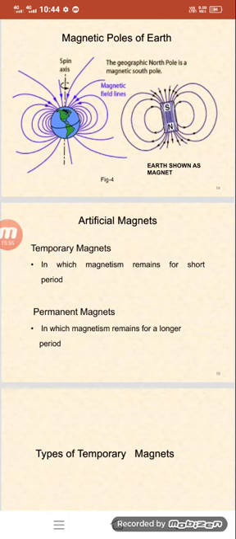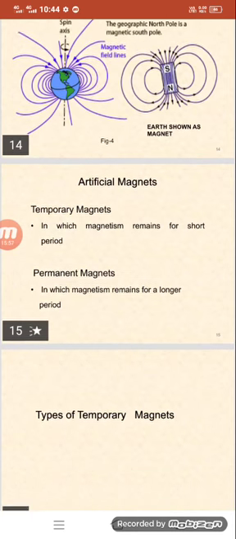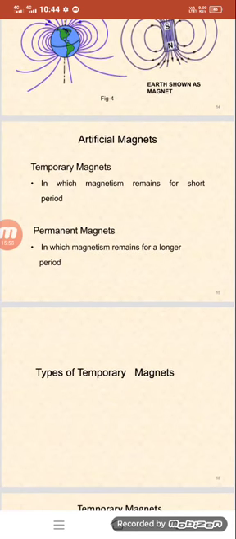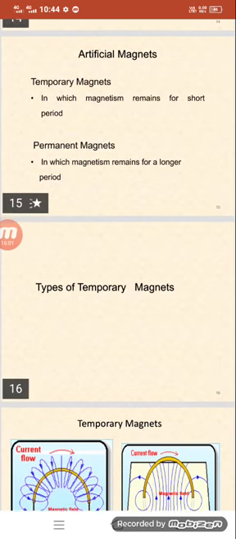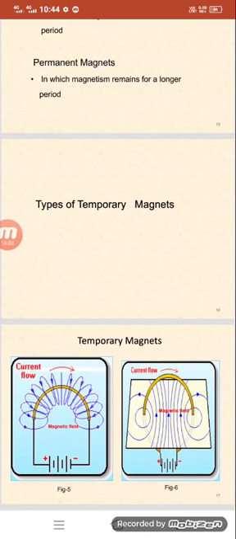Then let us go to the types of temporary magnets. In figure 5 we have an arrangement with one conductor. To that conductor we give electricity from a battery, which has positive and negative supply terminals.